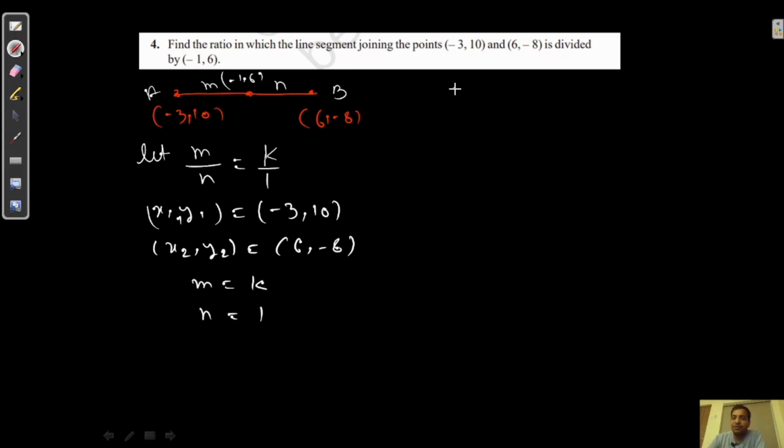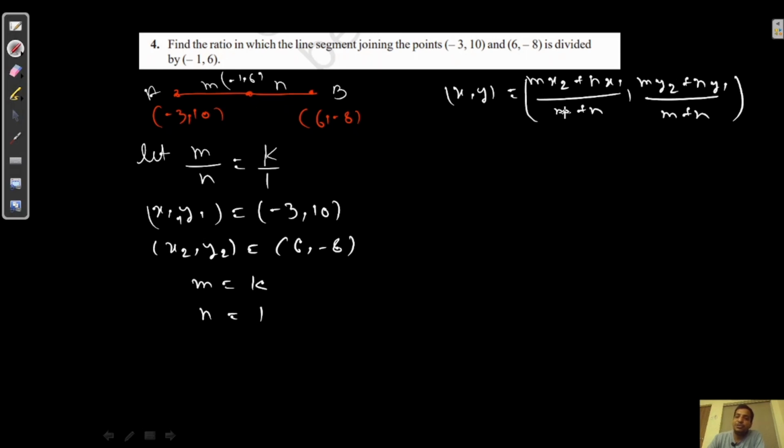Directly we have to apply the formula. x comma y is equal to, write the formula again and again so that it stays in your mind. Say with me, what is the formula? (m x2 + n x1) upon (m + n), comma (m y2 + n y1) upon (m + n). Let us close this in brackets.